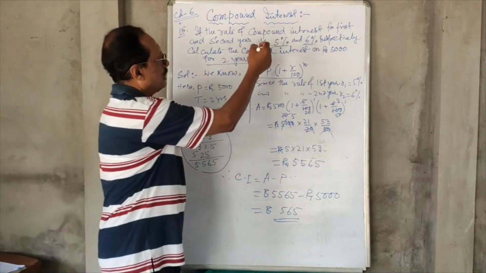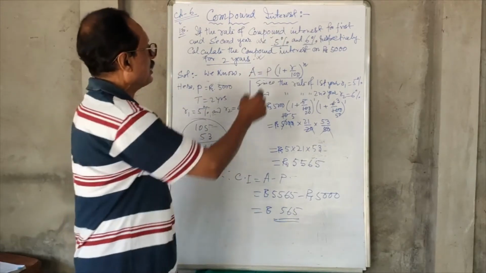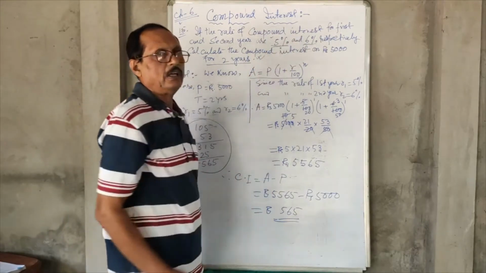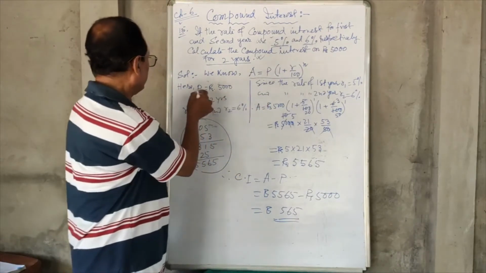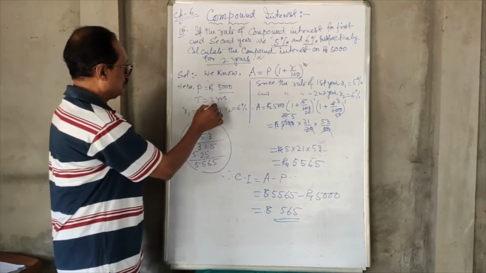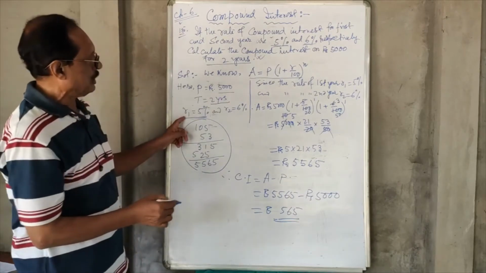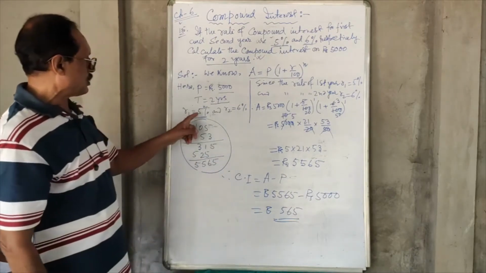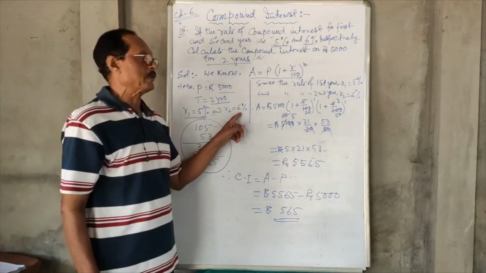For the first year the interest will be calculated at the rate of 5%, and for the second year the interest will be calculated at the rate of 6%. So it is given here that the principal is 5,000 rupees, time is 2 years, R1 is the rate of interest for the first year, it is 5%, and R2 is the rate of interest for the second year, 6%.